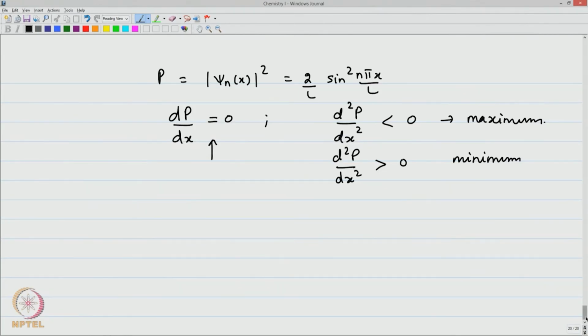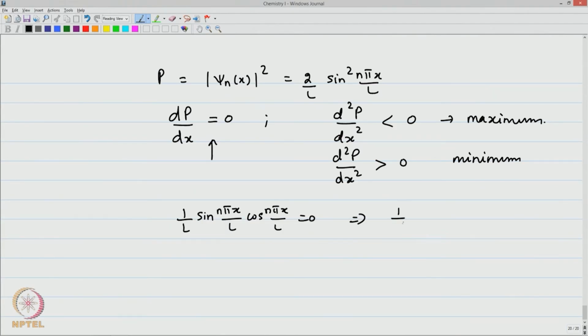So, you take the derivative: dP by dx is equal to 0 gives 1 by L sine n pi x by L cos n pi x by L, and that should be equal to 0.